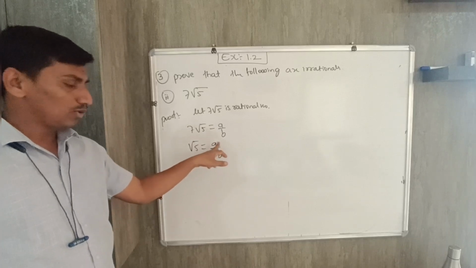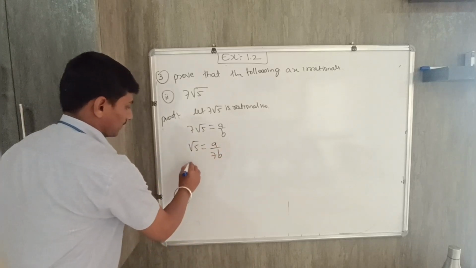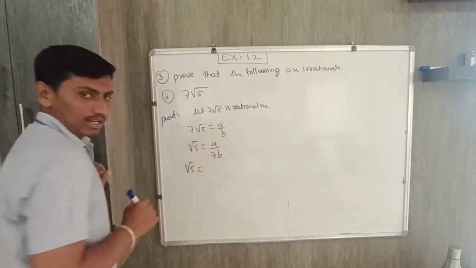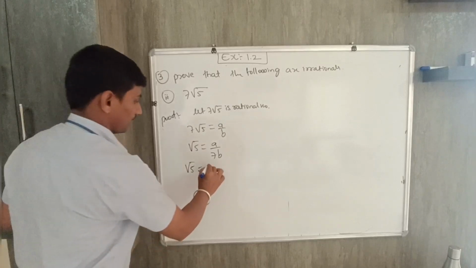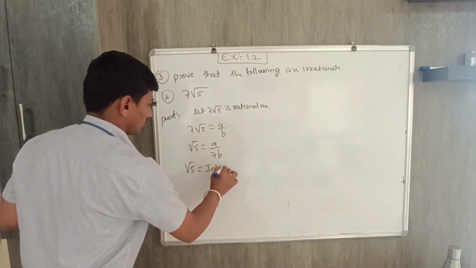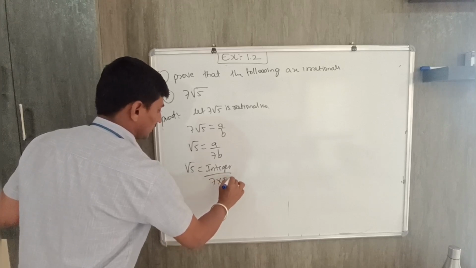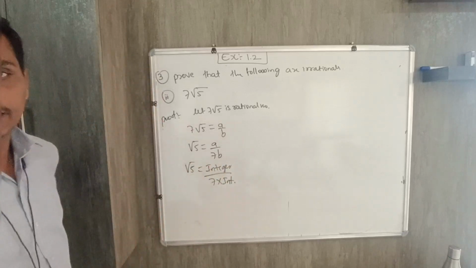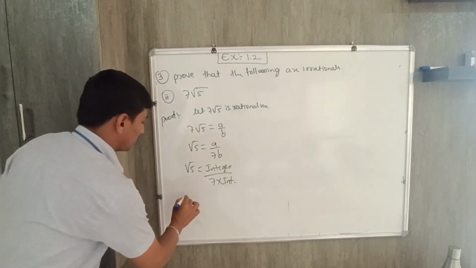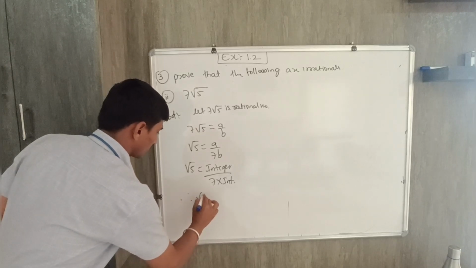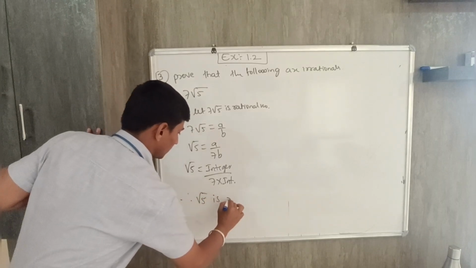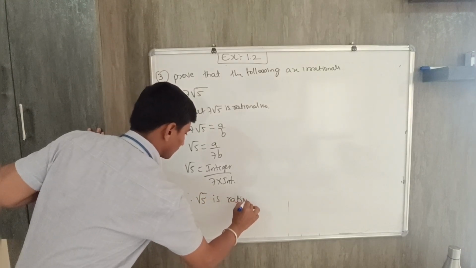So now root 5 equals A by B. So let us see here. Root 5 equals A, which is an integer, by 7 into integer. Okay. So again the same, root 5 is what? Root 5 is a rational number.